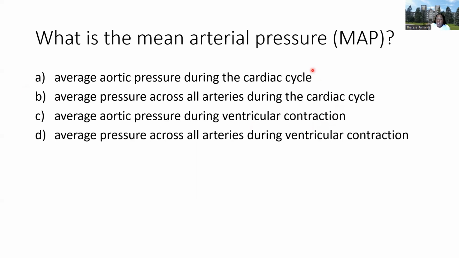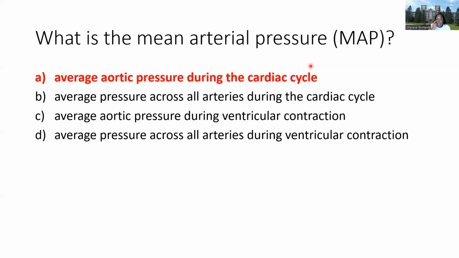A is correct. The mean arterial pressure is specific to the aorta. It tells us information about the rest of the vasculature, but the place that it is measured is in the aorta. So it is specific to the aorta and is across the entire cardiac cycle. So A is correct.